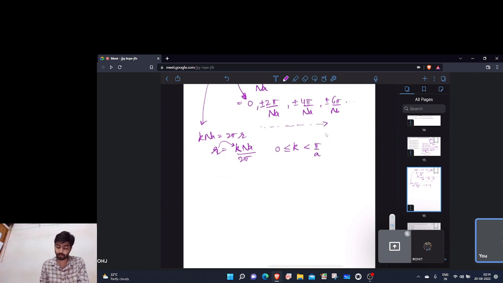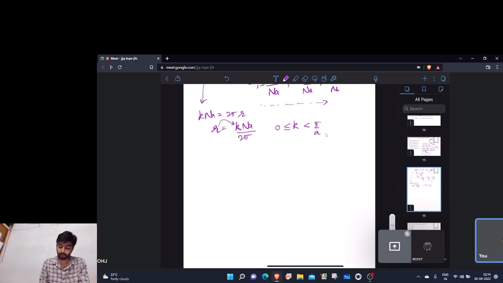There is a closed bracket on the 0 side and an open bracket on the pi by a side, because if there are closed brackets on both sides, then they will be related by a reciprocal lattice vector, which will connect these two, but that is not possible. So k is restricted by pi by a.